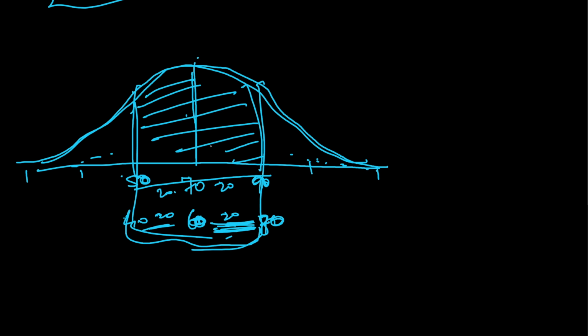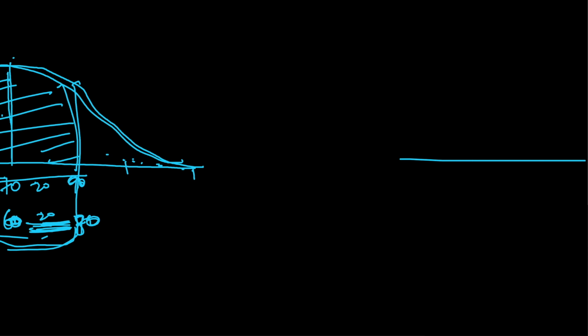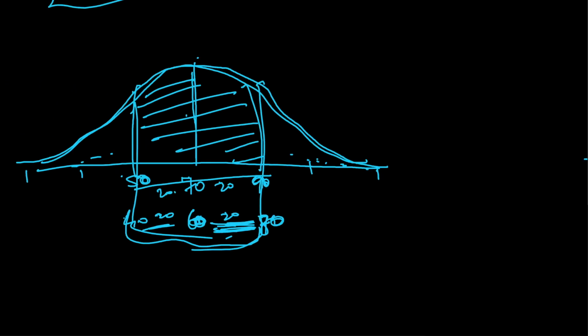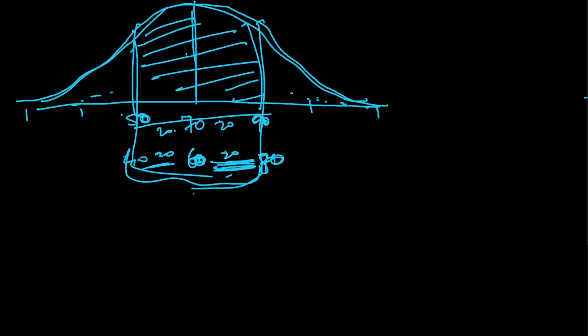Similarly, another example is the height of a human being. Generally it will be between 4.5 foot to maybe 6 foot, and then some people might be more than that, some people might be less than that. Generally this is how the data gets distributed.